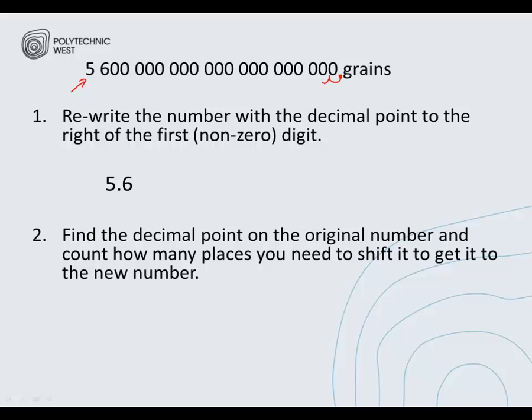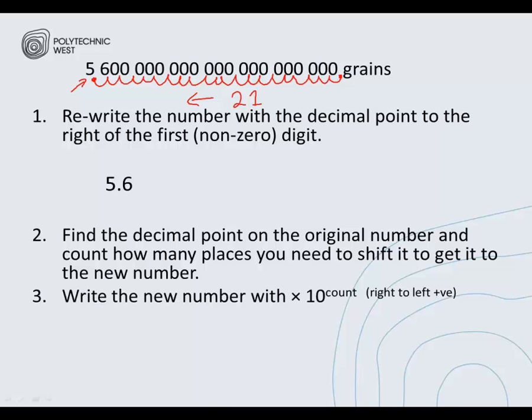So I'm going to shift it 1, 2, 3, 4, 5, 6, 7, 8, 9, 10, 11, 12, 13, 14, 15, 16, 17, 18, 19, 20, 21 places. 21 places in that direction.